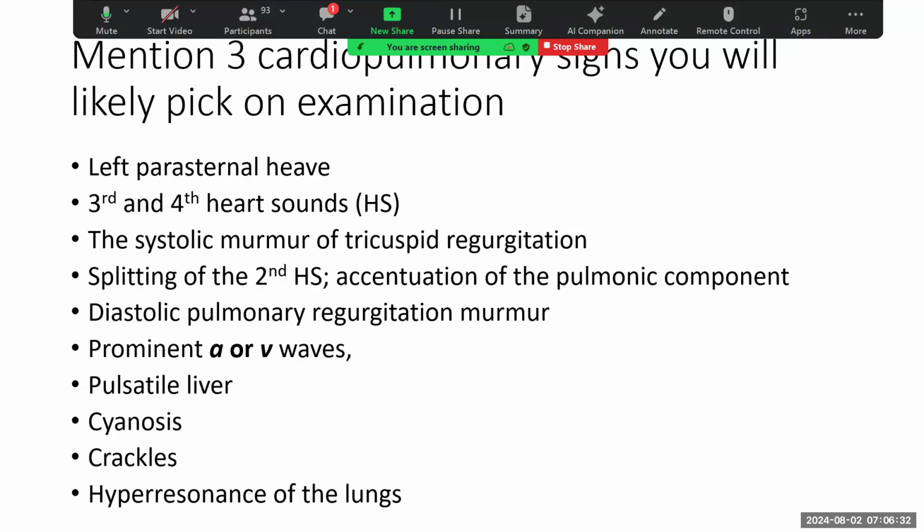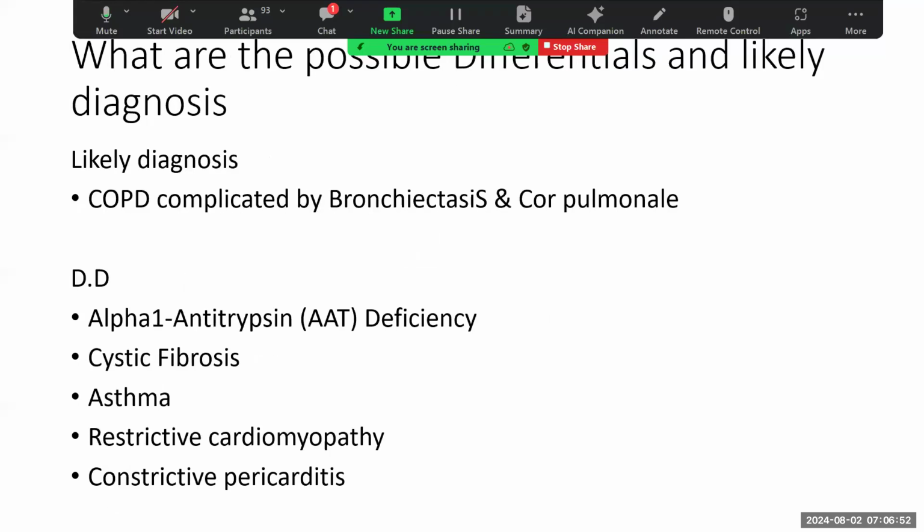And then the systolic murmur of tricuspid regurgitation, splitting of the second heart sounds, and then diastolic pulmonary regurgitation could also be in this patient. The liver could be pulsatile because of tricuspid regurgitation, and this patient may have central cyanosis, crackles on chest examination, and then hyperresonance also of the lungs. So these are some cardiopulmonary signs that the patient may have.